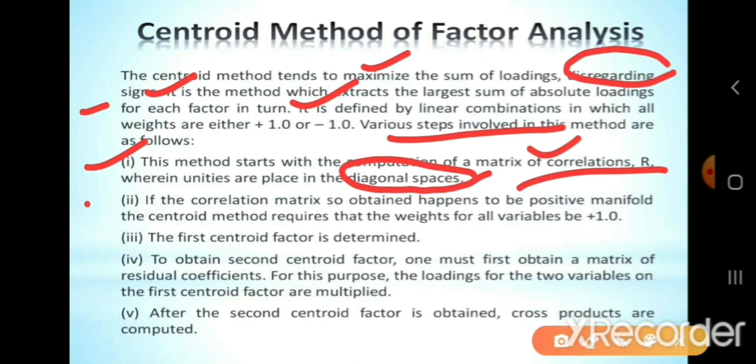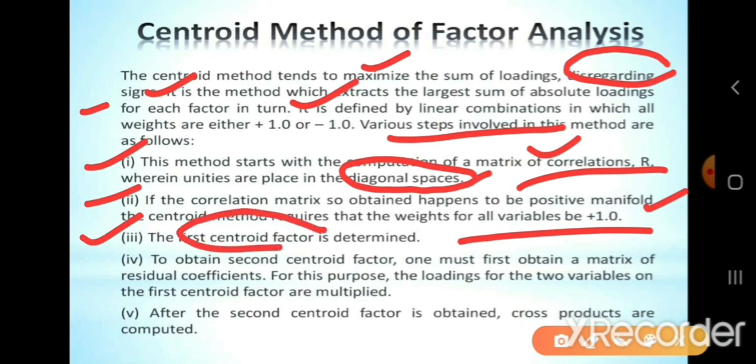Okay, next, if the correlation matrix obtained above is a positive manifold, then the centroid method requires that the weights should all be positive. Okay, then we will calculate the first centroid factor.